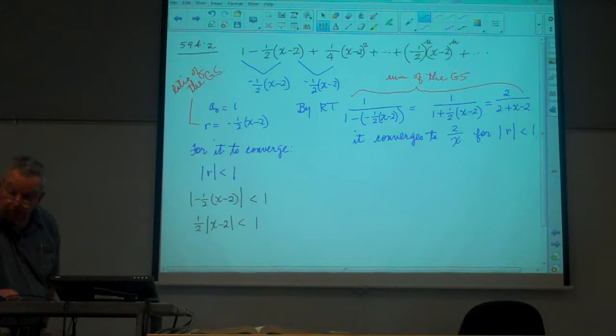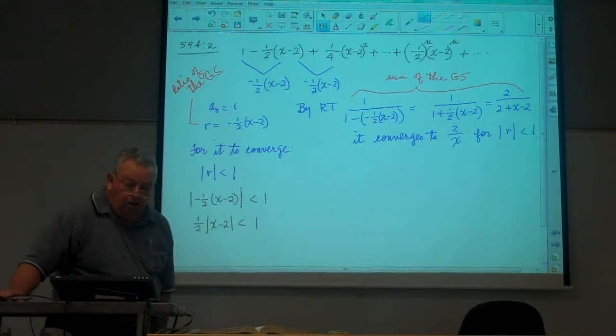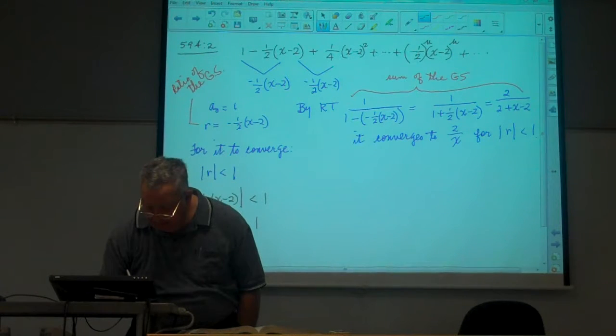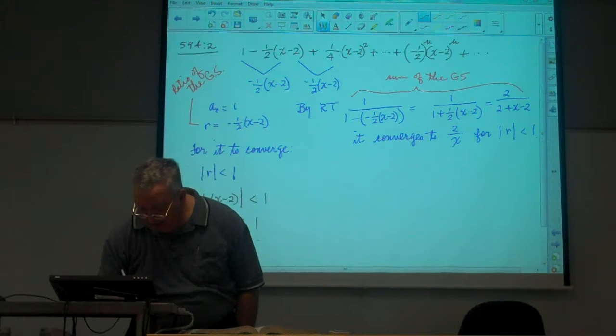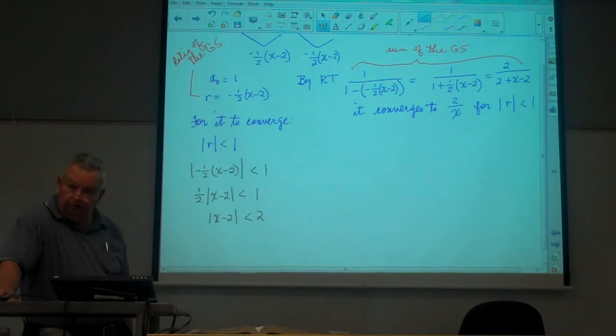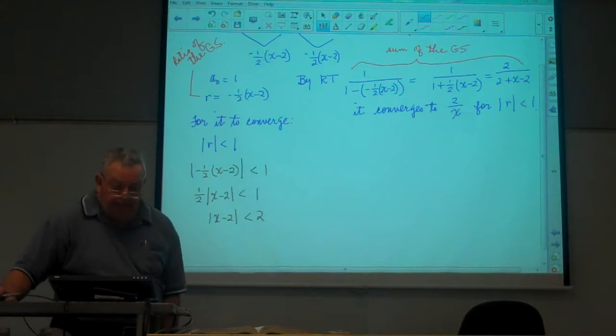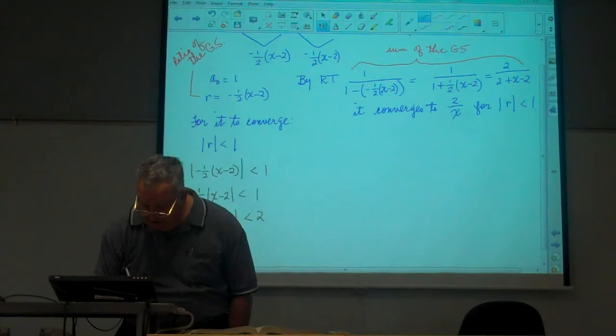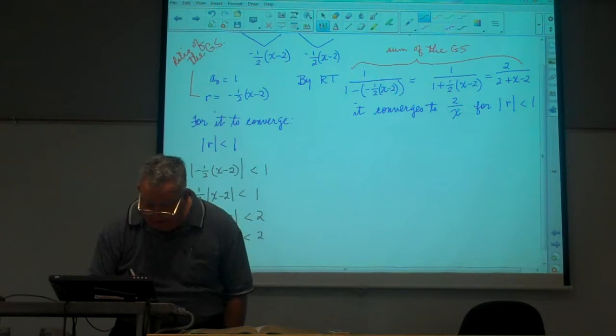Do you agree with that? But then that is the absolute value of x minus 2 is less than 2. You agree with that?